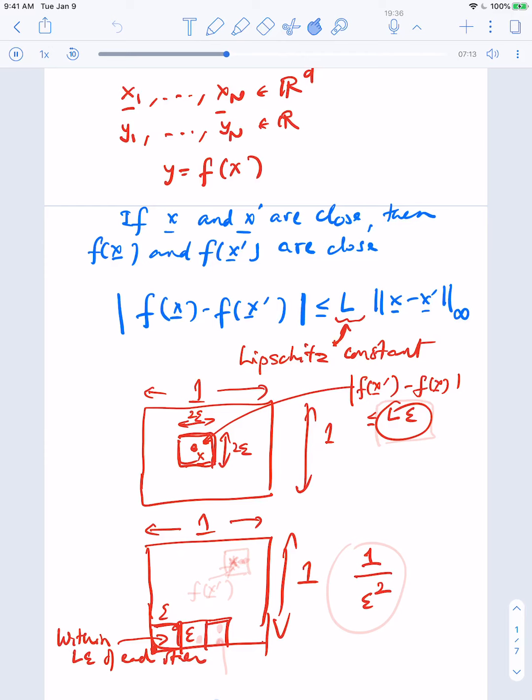So if you give me one training point per box anywhere at all in the box, then for any new data example that falls in here, you will be able to just predict the value of the function there to within this approximation L times epsilon, right?